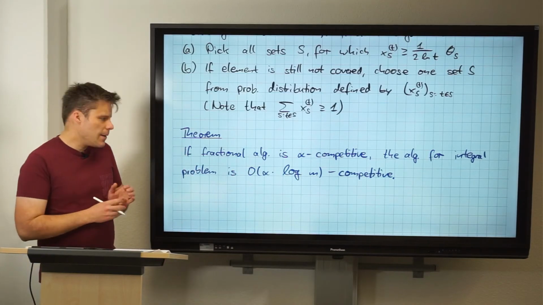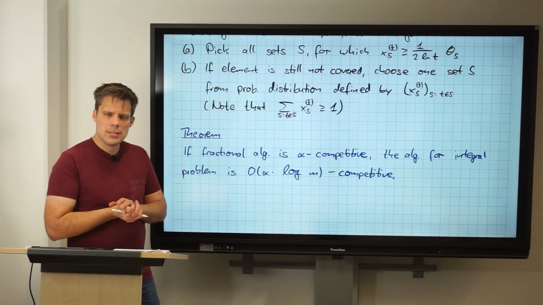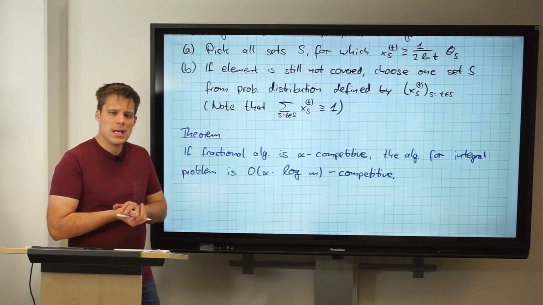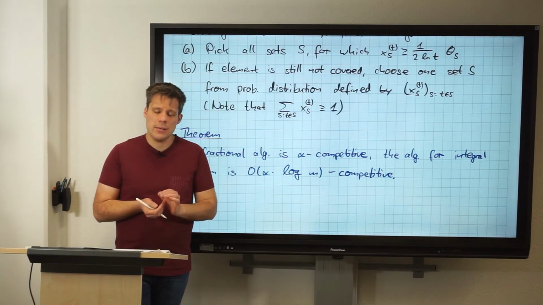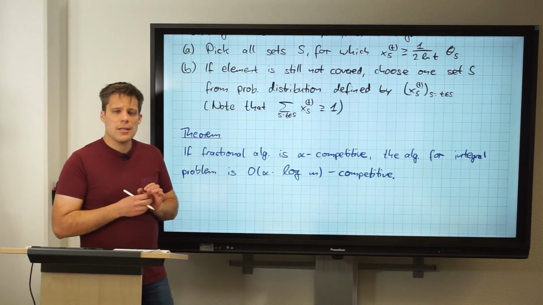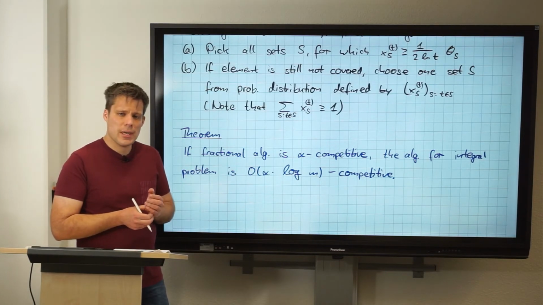Recall that m is the number of elements that we have in our universe. Last time we were talking about n, which is the number of sets that we can use to cover the elements.